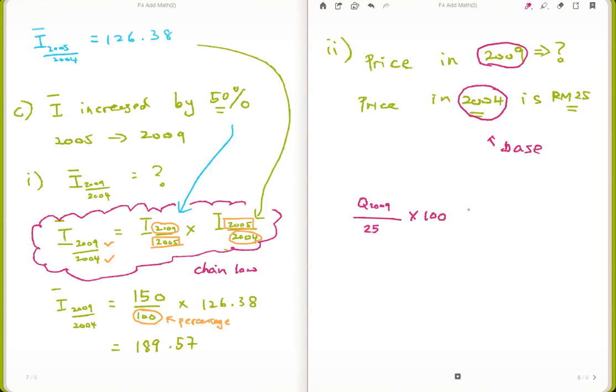The composite index 2009 based on 2004, from the previous question, is 189.57.